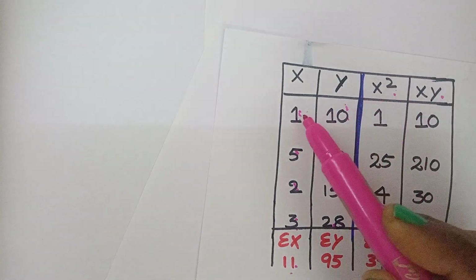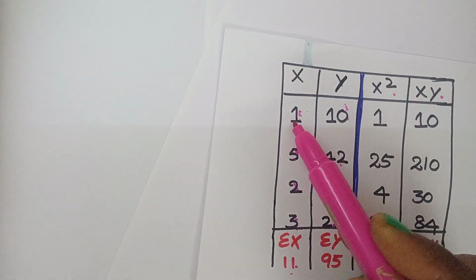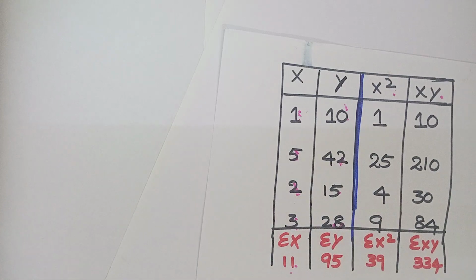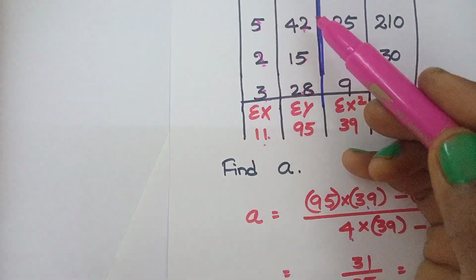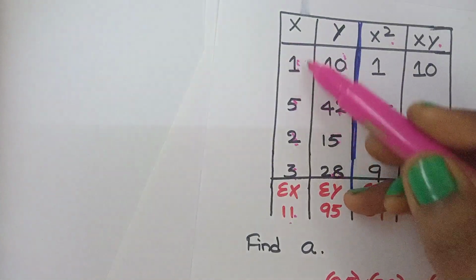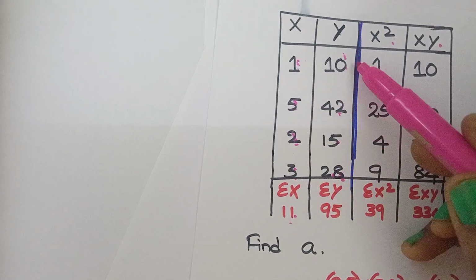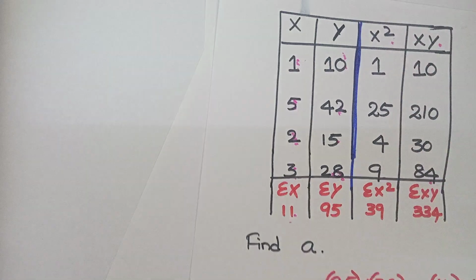X square means 1 into 1, 5 into 5, 2 into 2, 3 into 3. X into y is 1 into 10, 5 into 42, 2 into 15, 3 into 28 and so on. Next summation x means you need to perform the addition of all the x values. Summation y means perform the addition of all the y values. Summation x square, summation xy and so on.